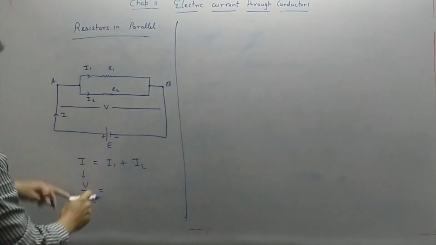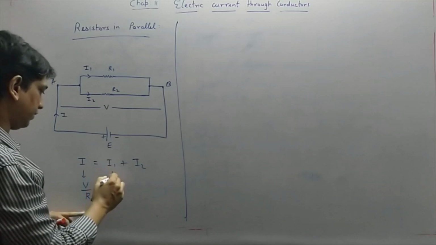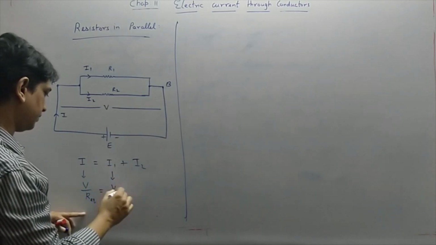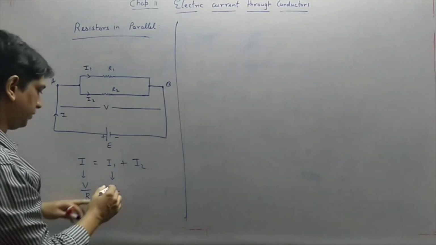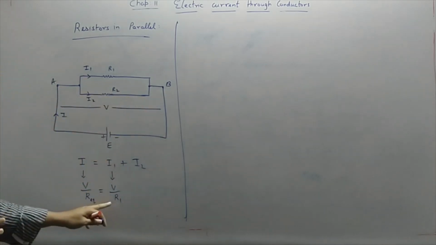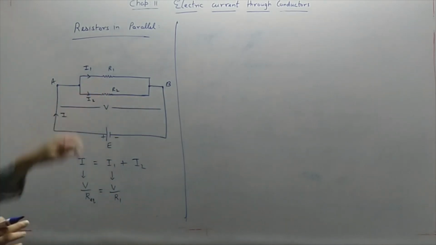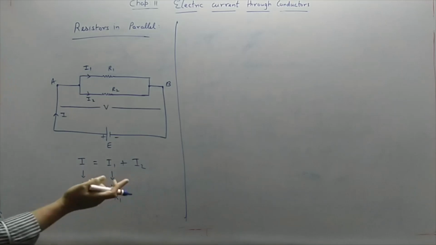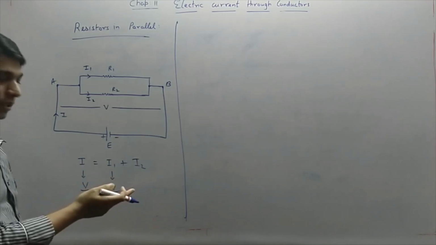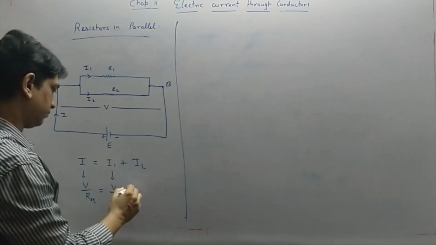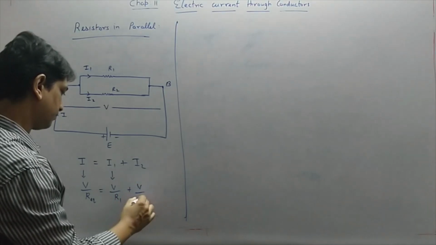So V by R equivalent is equal to I1 plus I2. I1 we write as V by R1, because V is the same but the resistances are different. According to Ohm's law, V is equal to IR1, so I1 is equal to V upon R1, plus V upon R2.